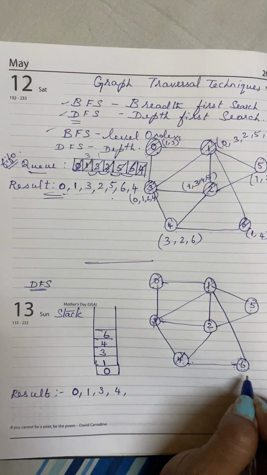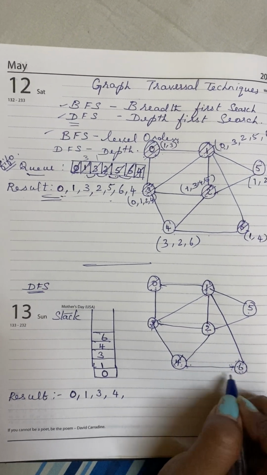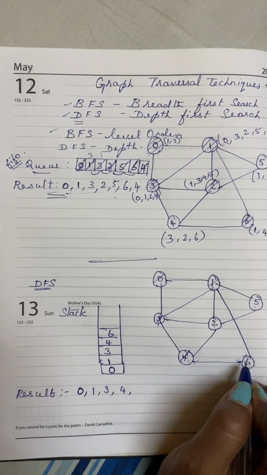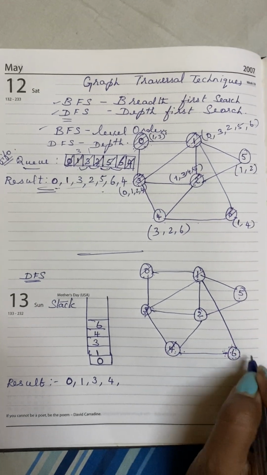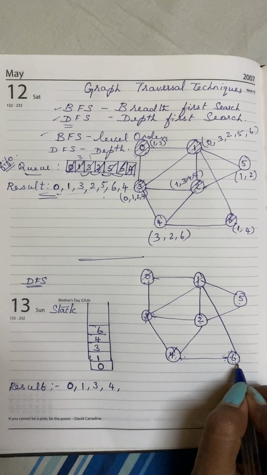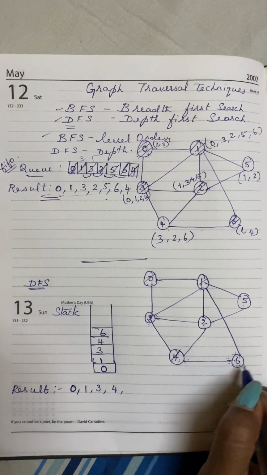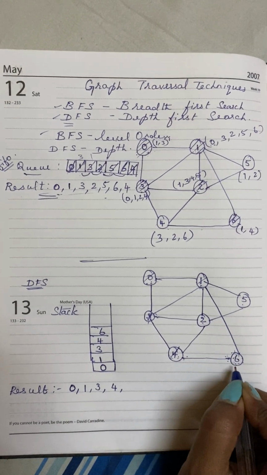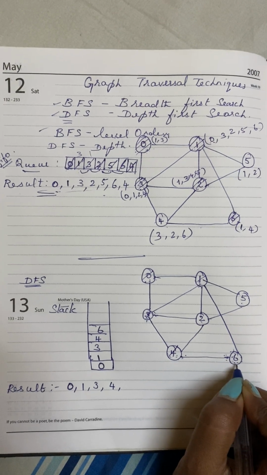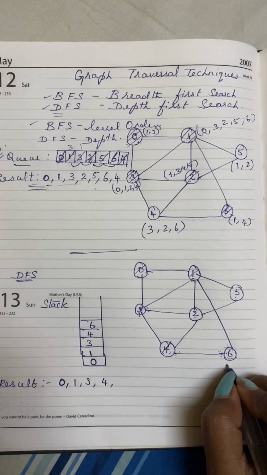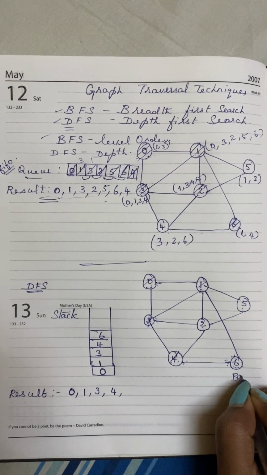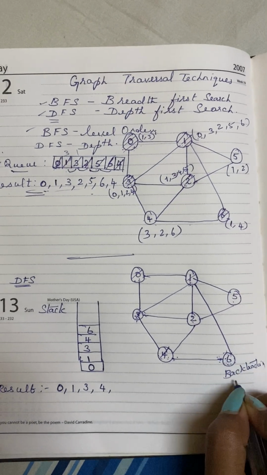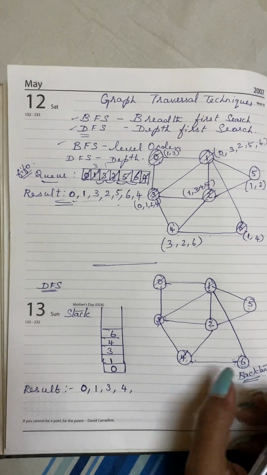So what do we have to do from here? We don't have any more nodes left unvisited. When you visit a particular vertex but all its adjacent vertices have already been visited, and you come across a condition like this, then you have to take the method of backtracking.